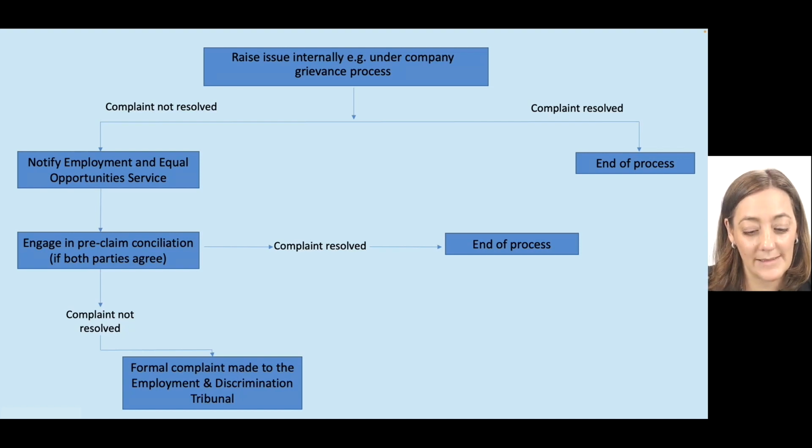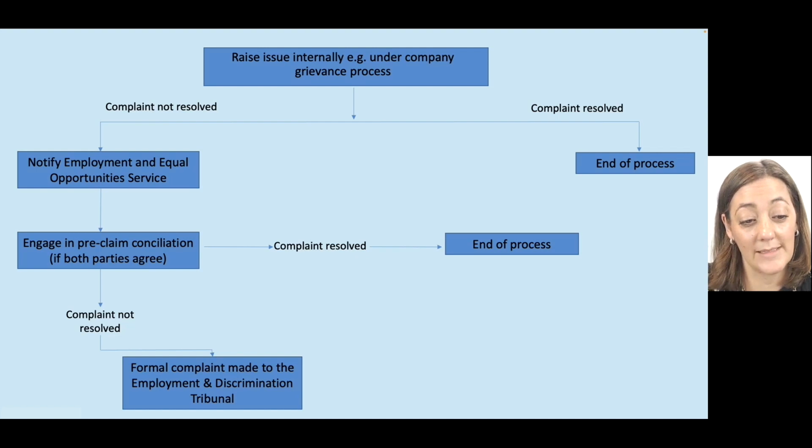If a complaint is not resolved, then the next stage would be to notify the Employment and Equal Opportunities Service at this time. And at that point, there may be an opportunity to seek to try and resolve the complaint. If both parties agree, there may be the possibility to then engage in pre-claim conciliation, which of course may resolve the complaint before it needing to go near the Employment and Discrimination Tribunal and to end the process.